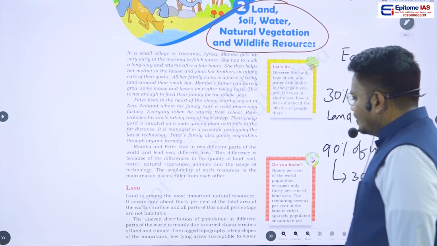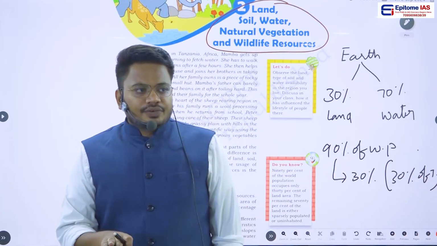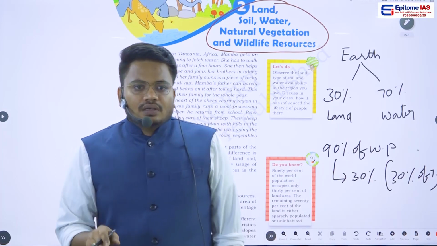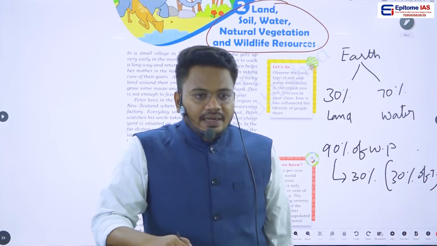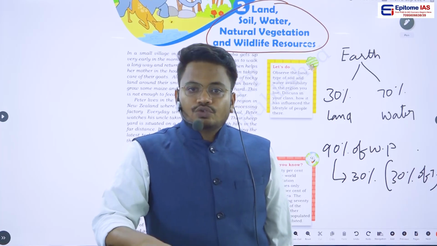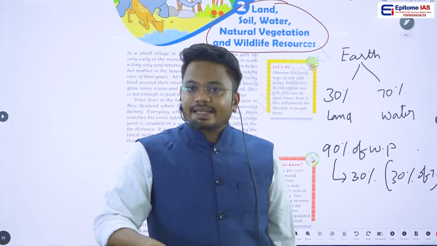Now, if you see the distribution of the land and its usability, you can tell that the land is unevenly distributed, as well as the usability of land. We can tell that the population on the earth is also unevenly distributed.